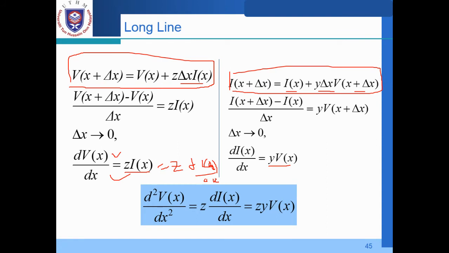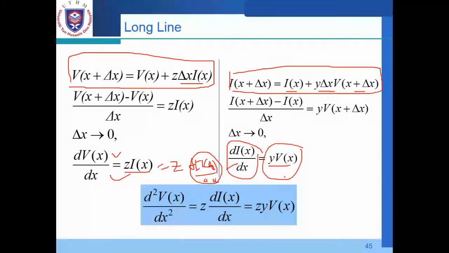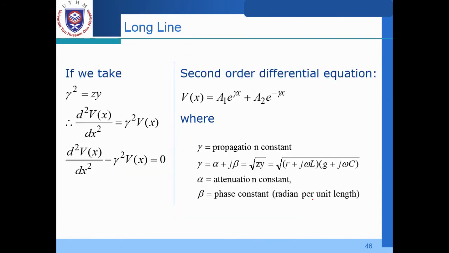Then dIx over dx is actually this one. Replace into here, giving d square Vx over dx square equals ZY Vx.